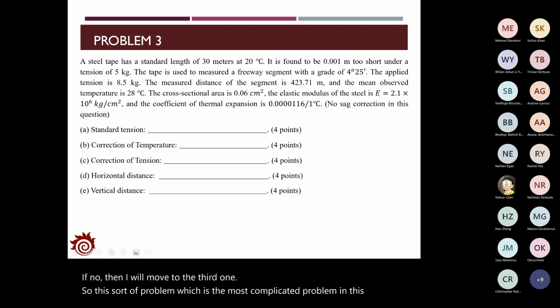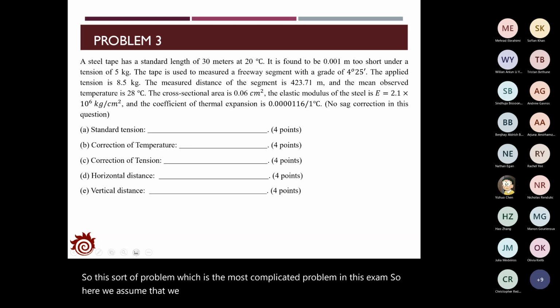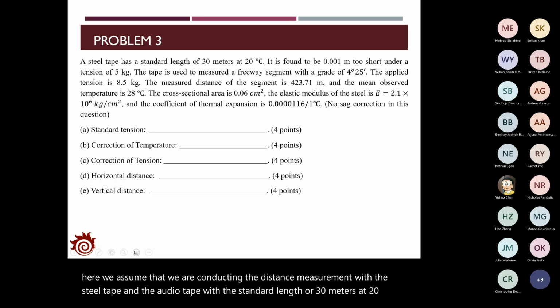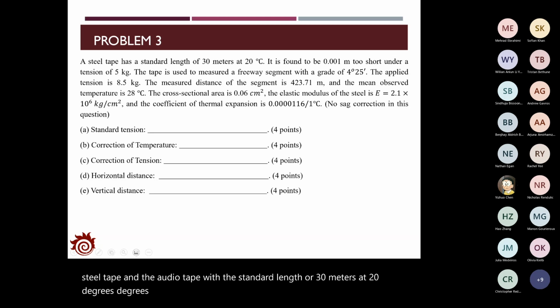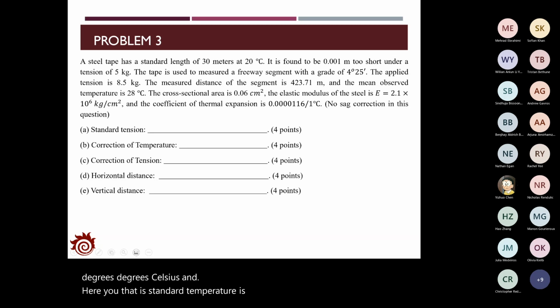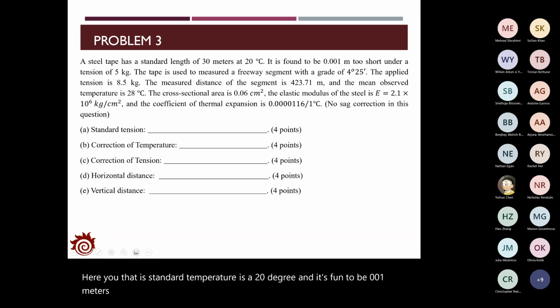Here we assume that we are conducting a distance measurement with a scale tape, and the tape has a standard length of 30 meters at 20 degrees Celsius. The standard temperature is 20 degrees, and it's found to be 0.001 meters too short under the tension of 5 kilograms.